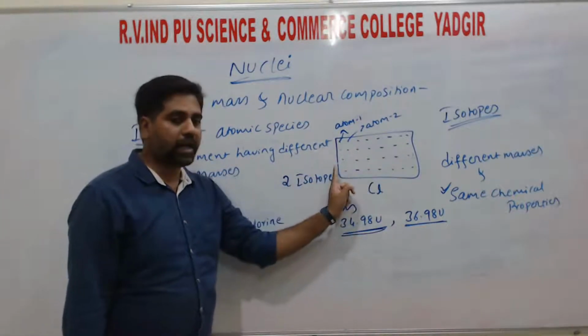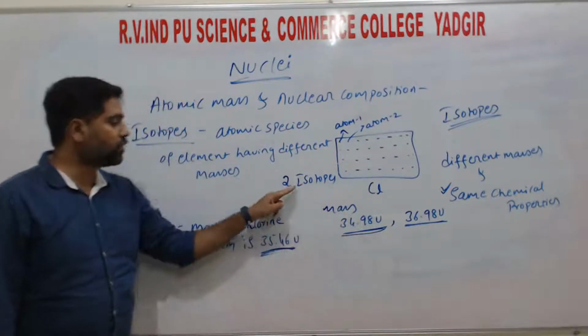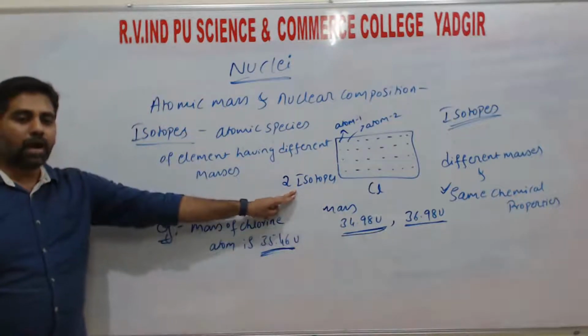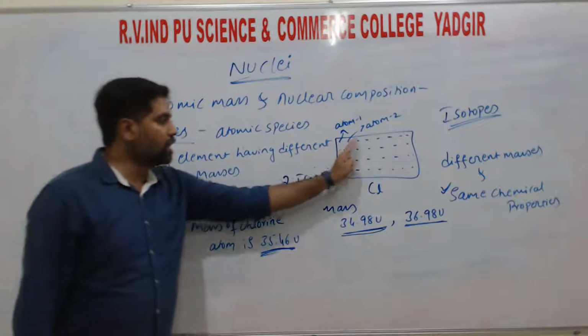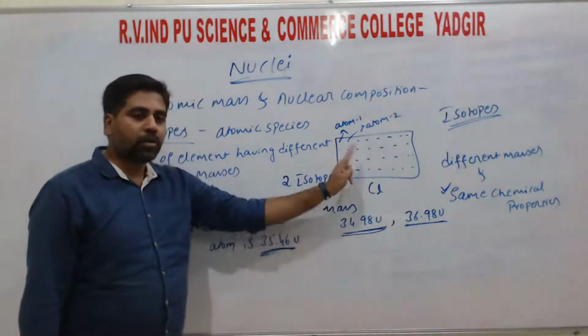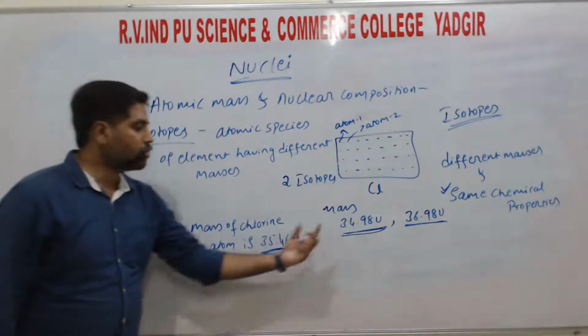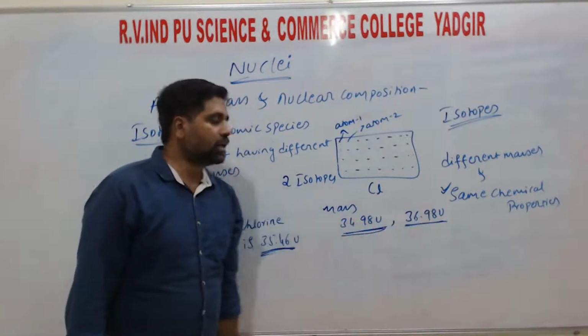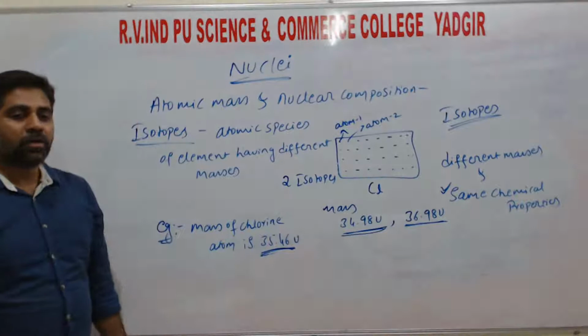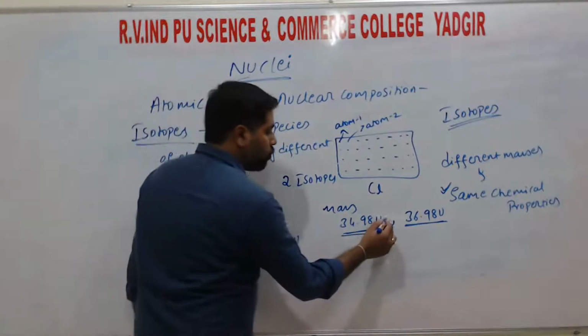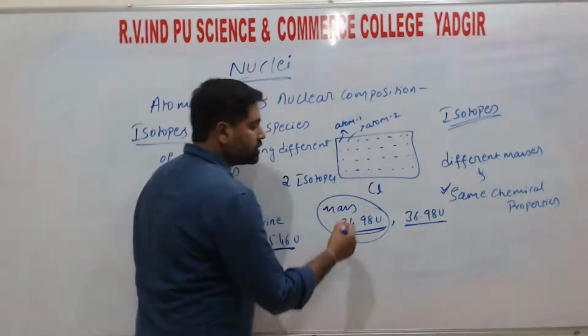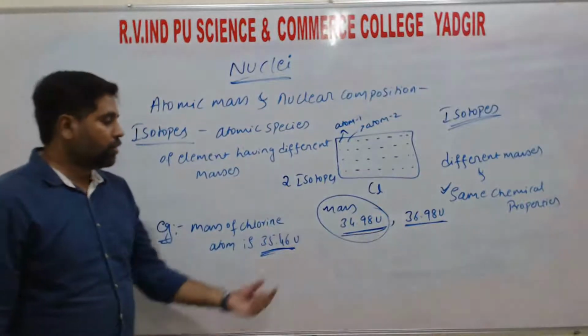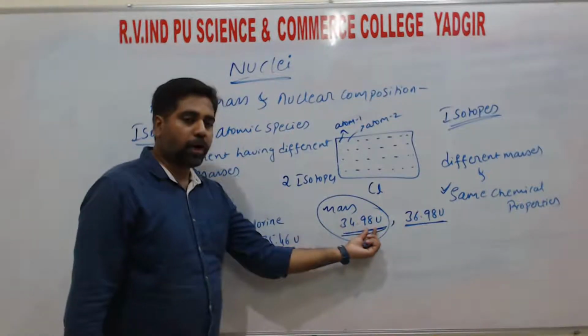So in this chlorine element we have two masses, that's why we call them two isotopes, because the single element has two different masses. One mass is 34.98 and another mass is 36.98, right?